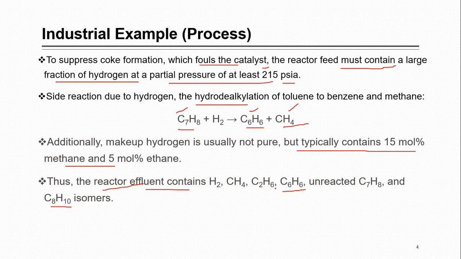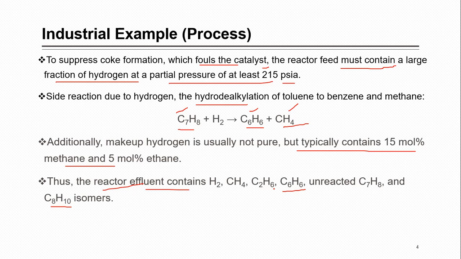But at the same time, hydrogen will not stay inactive, it will start reacting with the toluene, and due to this it was producing methane. So in order to avoid this problem, hydrogen was introduced not pure, but together with methane and ethane, to avoid this side reaction inside the system.